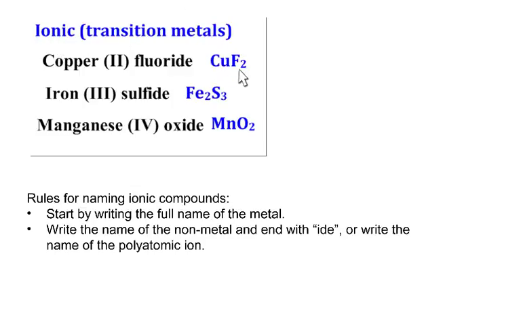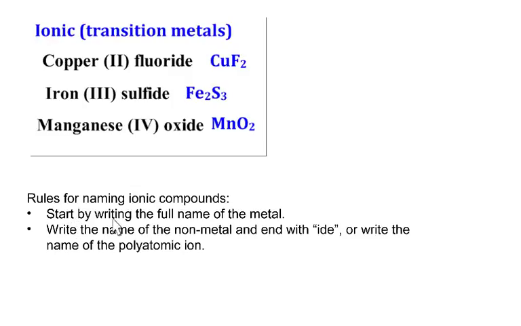So CuF2 would be copper(II) fluoride. Fe2S3 would be iron(III) sulfide. MnO2, its name is manganese(IV) oxide. So it seems like we're doing what we've done before.